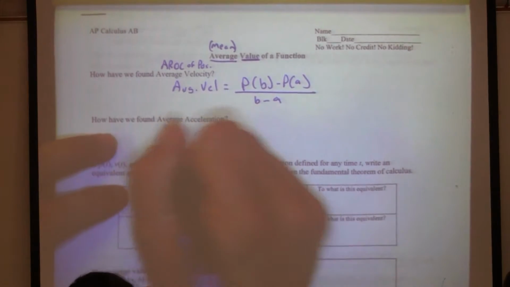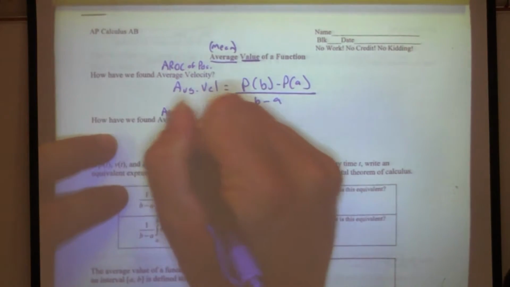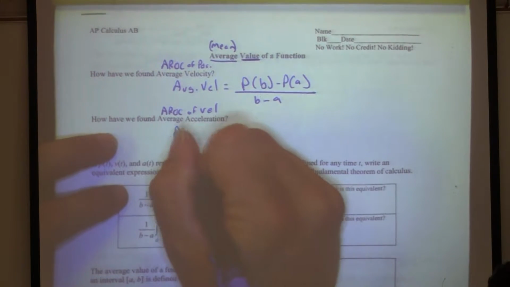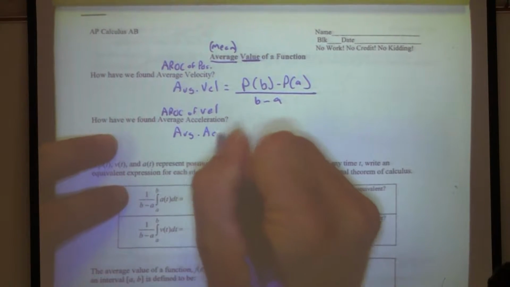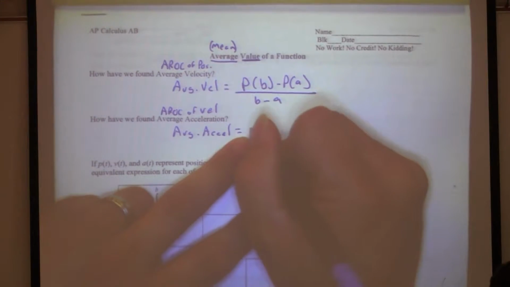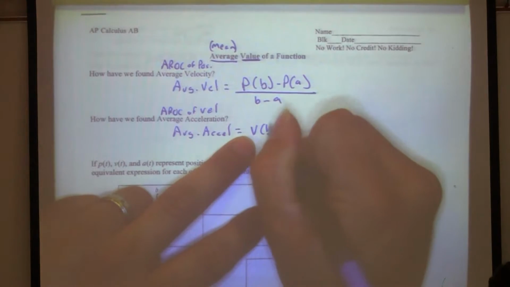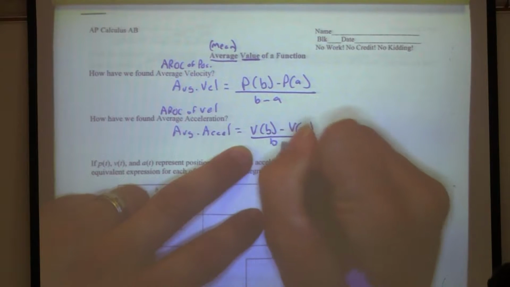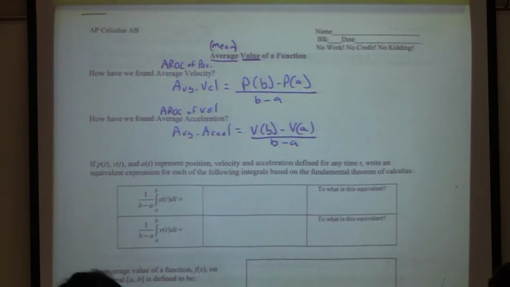Okay, how do we find average acceleration? AROC of velocity now, right? But it was called average acceleration. So now we would find V of B minus V of A over B minus A. Yes?